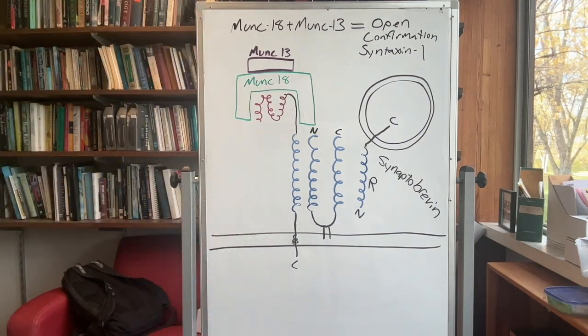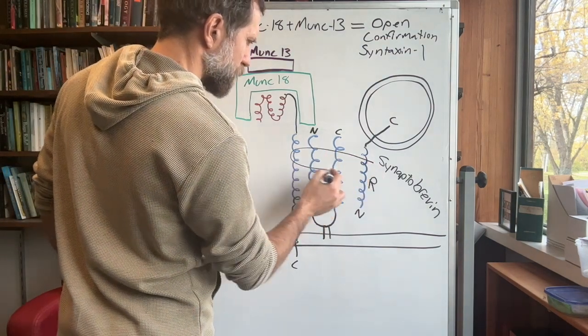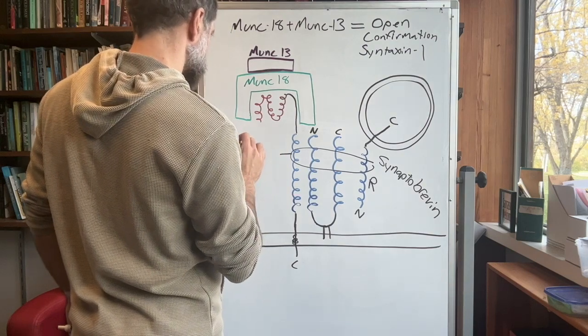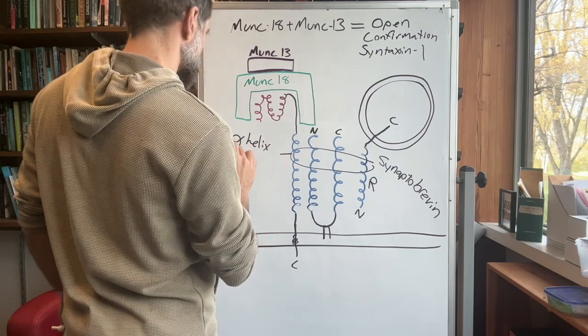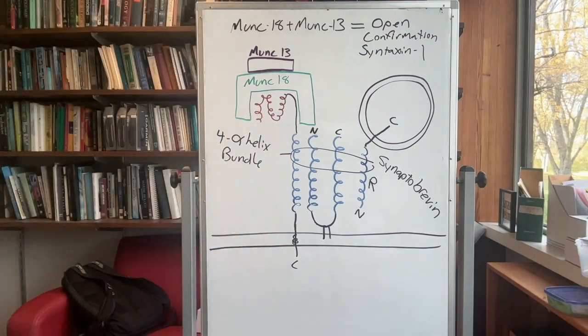And collectively, we call this complex a 4 alpha helix bundle when they're all zippered together. All right, not a very fancy name, just a descriptive name.